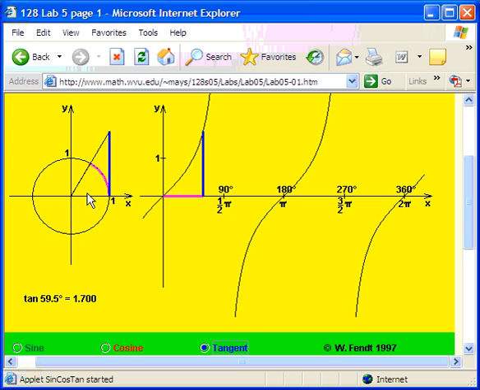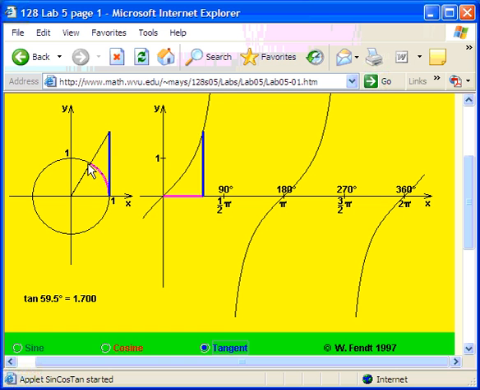That similar triangle to the one that has the blue side to it would have vertical to horizontal, which would be sine to cosine. Sine over cosine is tangent, and that matches the ratio of this blue line to 1. So sine over cosine, that's tangent, is the length of this blue line to 1. That's the tangent function value.